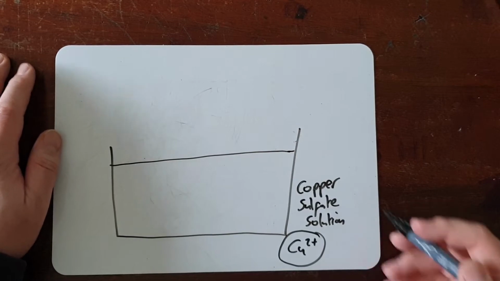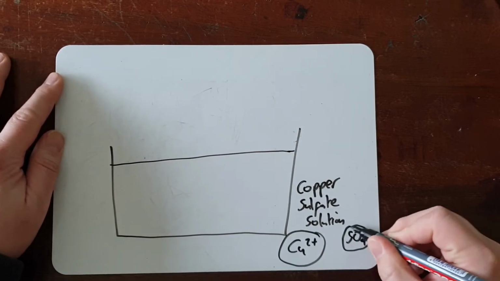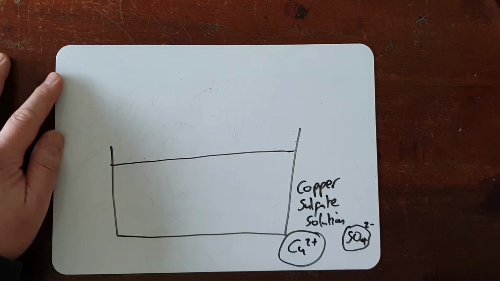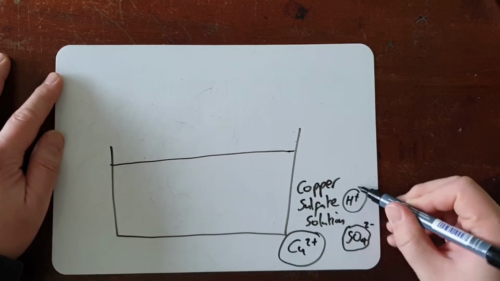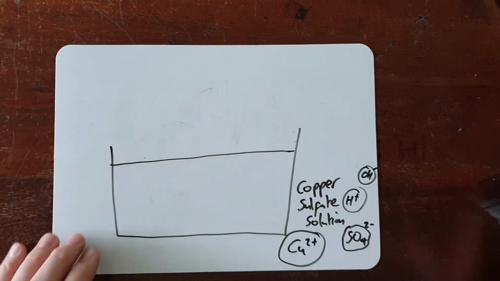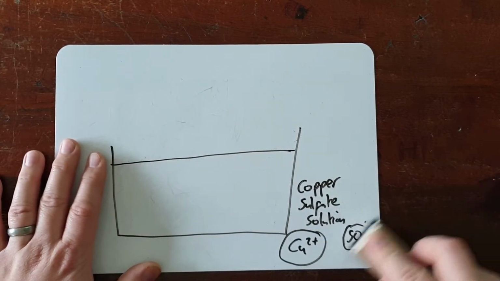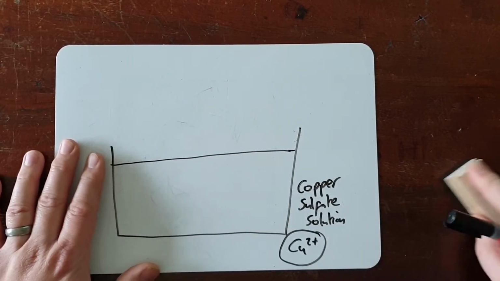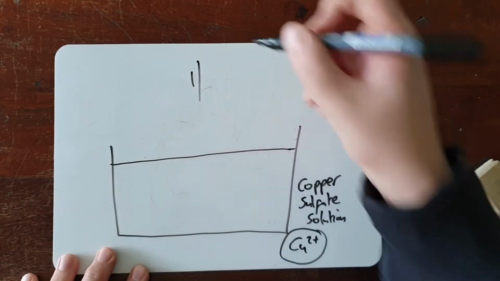It's also got sulfate ions in there, which are SO4 2-. And it's in solution, so there's also going to be some H+ and OH-. But we're going to ignore all the others. We're mainly interested in this Cu2+ ion. So that's in there. We've got our source of electricity.